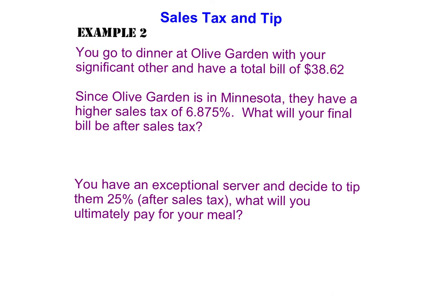So here it says you go to dinner at Olive Garden with your significant other and have a total bill of $38.62. Since Olive Garden is in Minnesota, they have a higher sales tax of 6.875%. What will your final bill be after sales tax? So here, I know this looks complicated because of that complicated percentage, but it's really the same process.